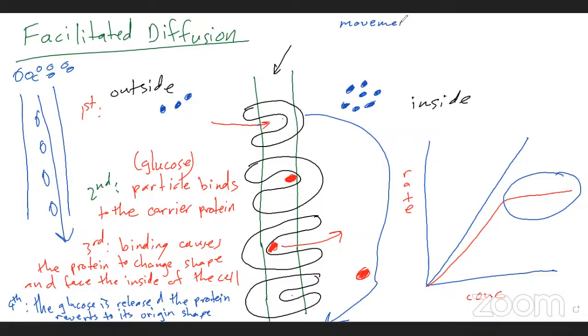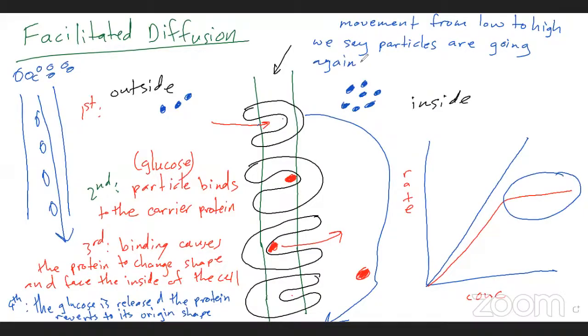So movement from low to high, we say particles are going against their concentration gradient.